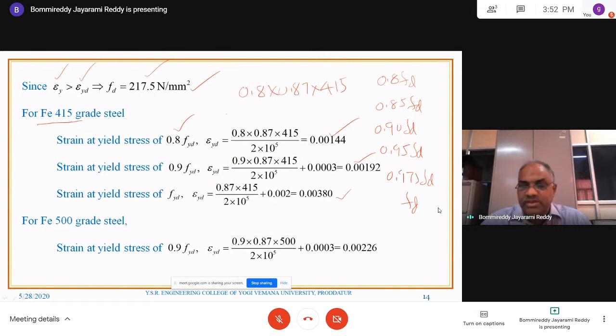The stress in the steel in a section completely depends on the magnitude of the strain. If the strain is 0.00380 or more, then the design stress will be 0.87 times 415. If the strain is any other, lower value, naturally the stress in steel is also less.